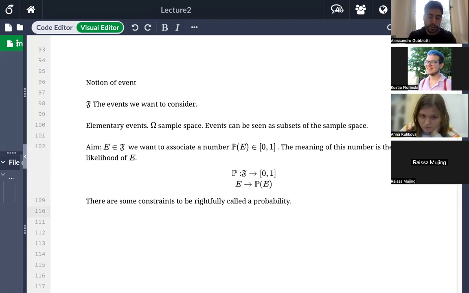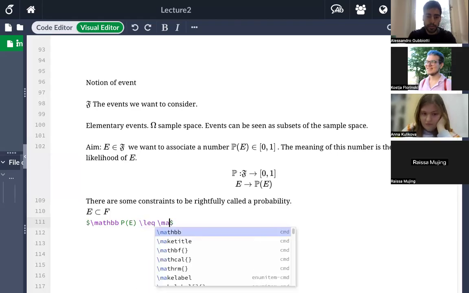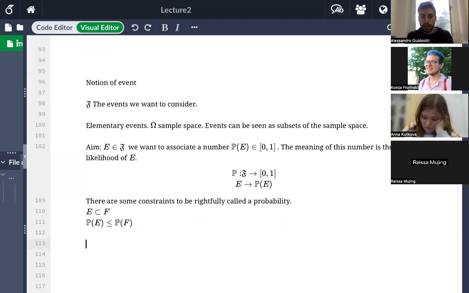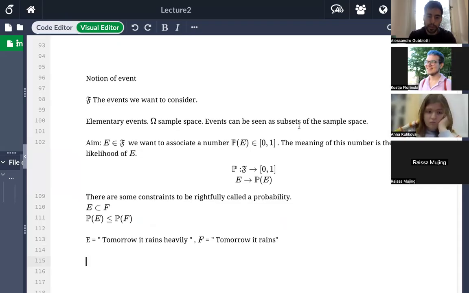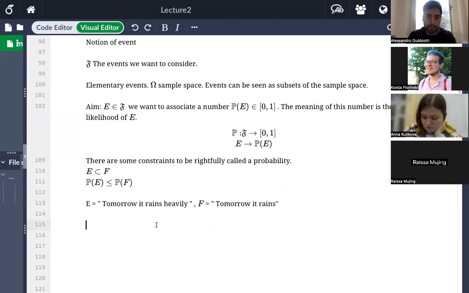And these constraints are, for instance, just an example: if E is contained in F, then it has to happen that the probability of E is smaller than the probability of F. For instance, if E is tomorrow it rains heavily, and F is tomorrow it rains, of course the probability of the first event is smaller than the probability of the second one, because if the first one happens, also the second one happens.